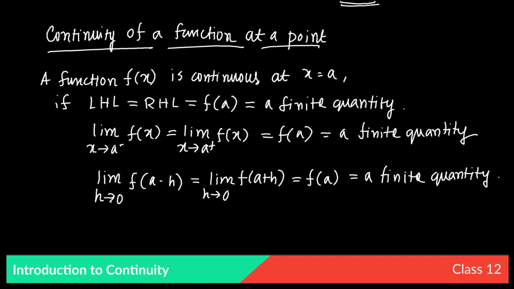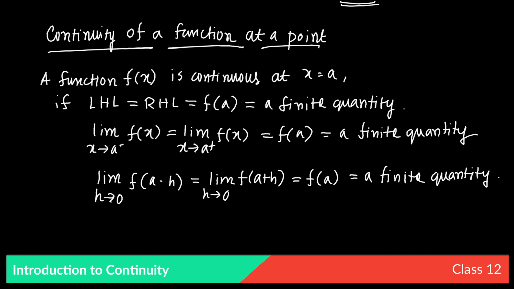That means when a function is continuous at a particular point, the left hand limit of that point will be equal to the right hand limit of that point, equal to the functional value of that point, which will be a finite quantity.